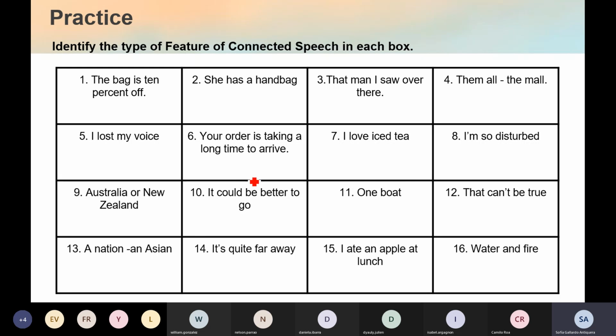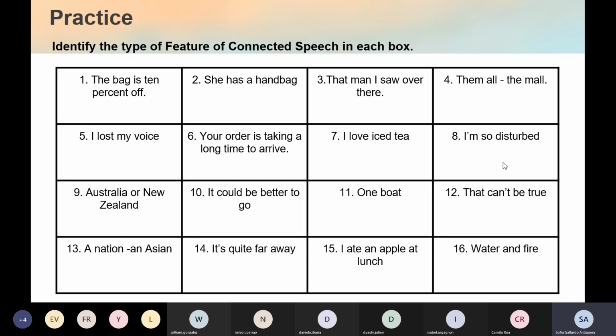The first student to finish four, like tic-tac-toe or gato in Spanish, horizontally, vertically, or diagonally wins. You don't really win anything, but you win the pride. Okay, let's read the first one.